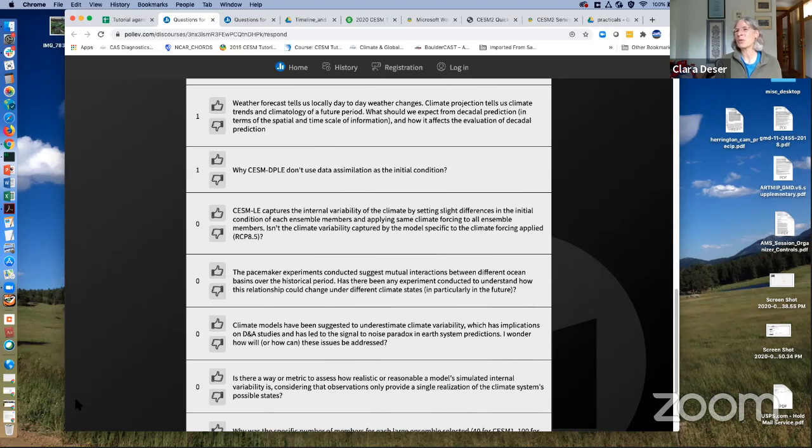That you then have to remove from the DPLE, the decadal prediction runs, to see what it was within the climate system from those initial conditions that led to added predictability. So you have both types of predictability in these decadal prediction runs, and we're fortunate we can separate those out with these two massive projects here at NCAR, the CESM1 large ensemble and the decadal prediction large ensemble.